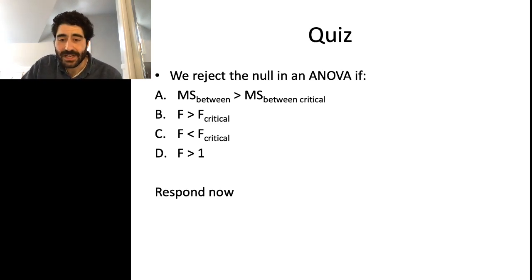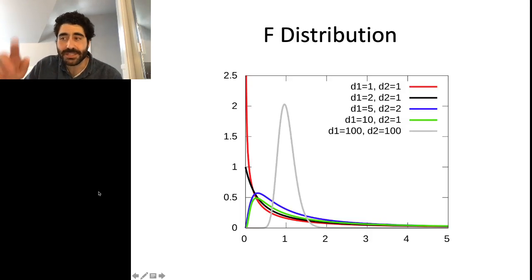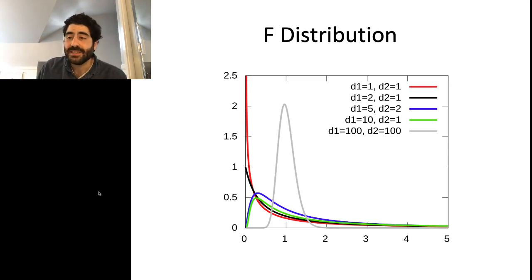So for example, with this gray distribution here, this is one particular F distribution, and you can see that this is the null distribution. This is telling us that if the null is true, F will be about 1. Sometimes it will be bigger than 1. It usually won't be bigger than 2, for example. So for this gray distribution, our critical F would be like 1.75 or something.